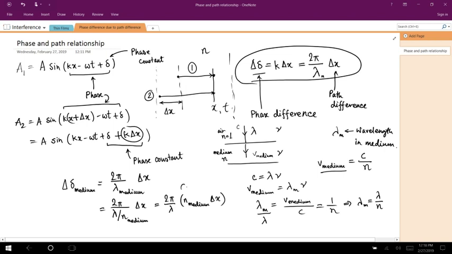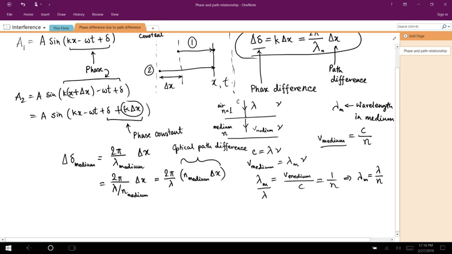And oftentimes this quantity, n times delta x, is referred to as the optical path difference. And of course, if you were doing this experiment just in air or in vacuum, this n medium is 1, so the optical path difference and the real path difference are exactly the same.